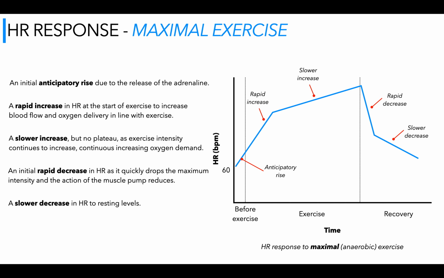Basically, we still need to be pumping oxygen to the muscles to clear out waste products. So we must continually strive to meet this until we get back to our resting levels.